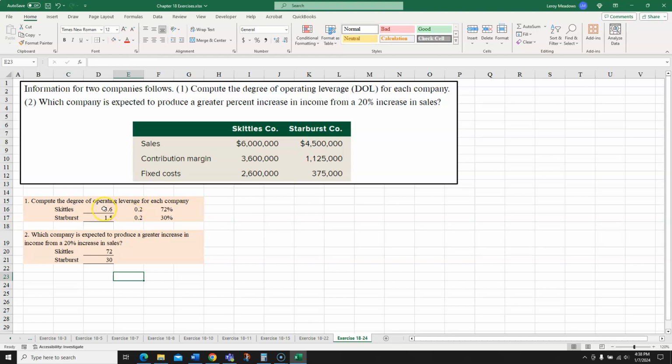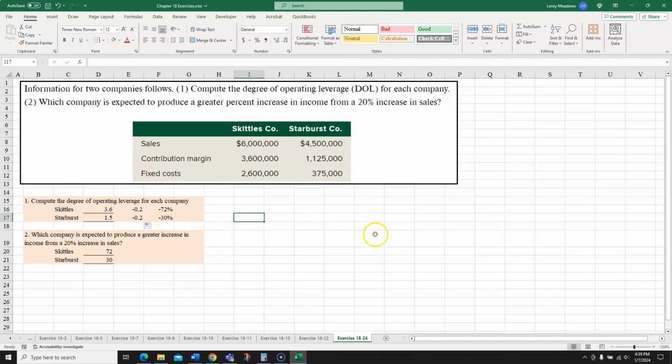The higher the degree of operating leverage, the higher the increase in income from an increase in sales. Now, this could work in the negative. Let's say that it was a decrease of 20% of sales. Then, with a decrease of 20% of sales, Skittles is going to lose more income than Starburst.